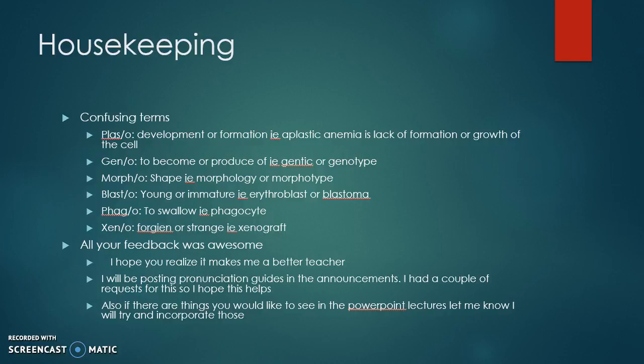Morpho, of course, is the shape of something, so morphology or your morphotype is how you look, or the study of shape is morpho. And then blasto is young, and hopefully you remember the cell chart that was in the last lecture, right? Everything starts as erythroblast or lymphoblast.